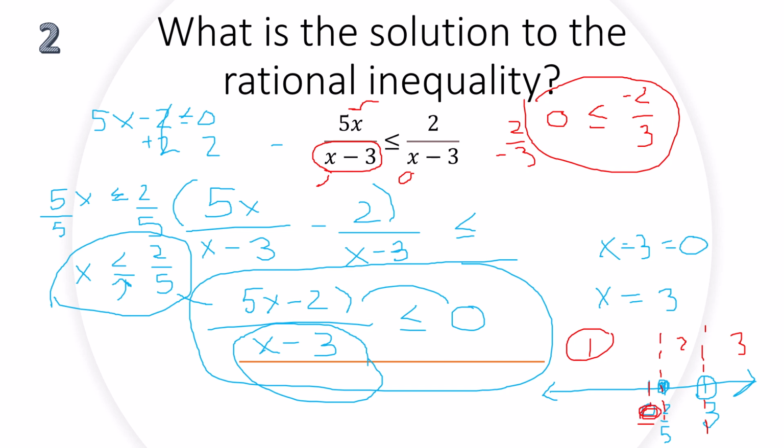Is 0 less than or equal to negative 2/3? Well, negative 2/3 is going to be somewhere over here. And 0 is not less than or equal to negative 2/3, so no. We have to evaluate all three of these areas, so don't work through this too quickly.